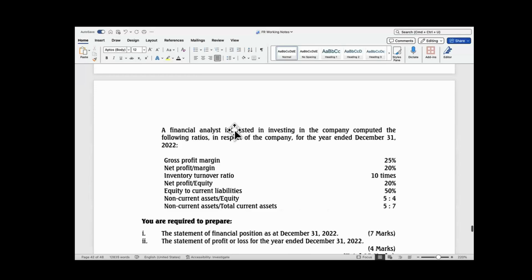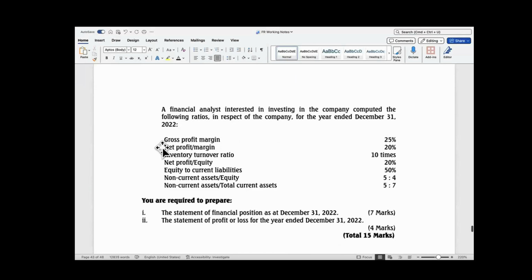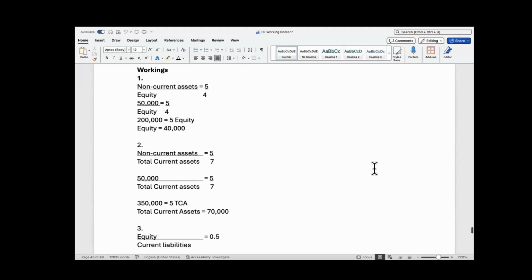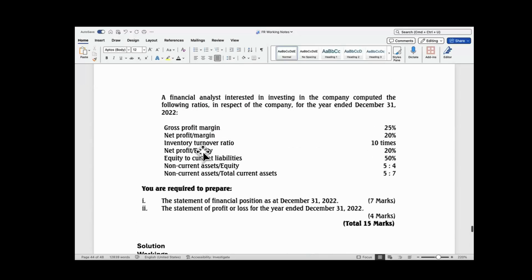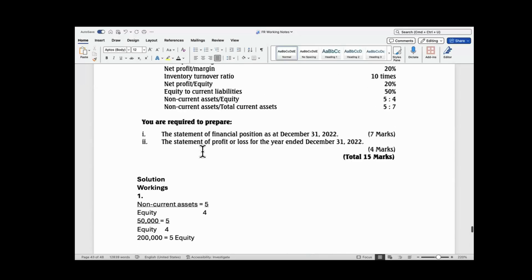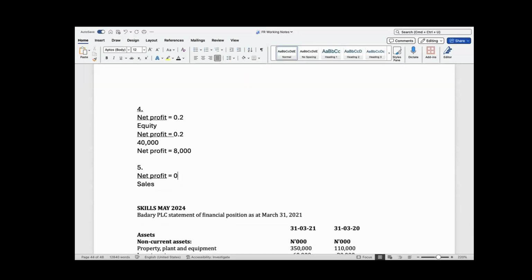Going forward, I can get sales from net profit margin. Net profit over sales, net profit margin, they said, is 20%. That's 0.2.